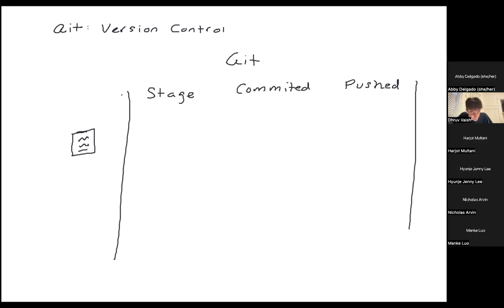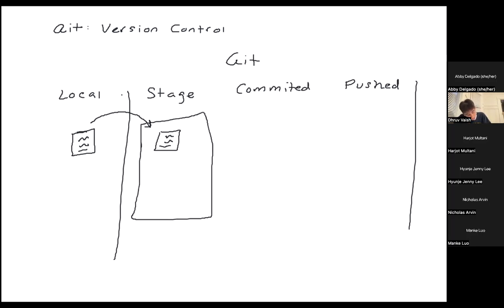There are 3 levels of Git. This is my local machine. I create a file. Then I need to tell Git to watch this file. In order to tell Git to watch this file, I put it on the stage. The stage is basically the place where Git keeps track of all the files that I tell it to.